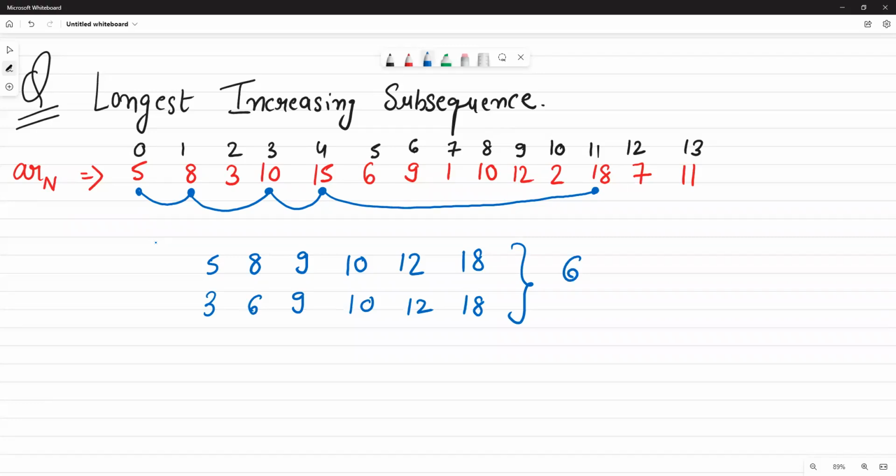Brute force, I guess you guys know. Yes, no? Can I assume you know the brute force for this?